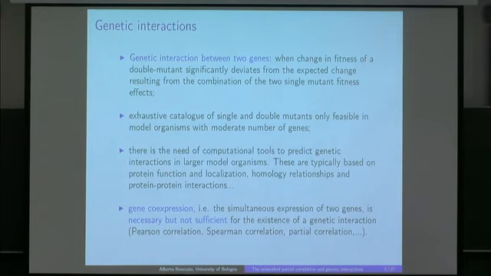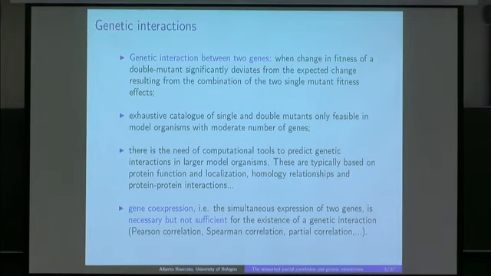And there are a number of possible covariates that can be used in this case, and biologists use protein function and localization, homology relationships, protein-protein interactions, and other things. But a role here is also played by the expression level of genes, because biologists know that when there is a buffering relationship, it is also always true that the two genes co-express, and essentially there is a positive association between the two genes.